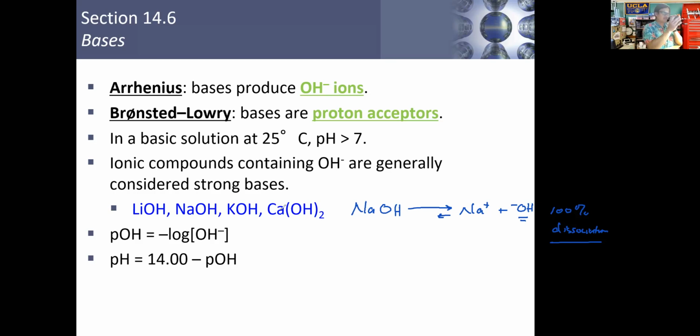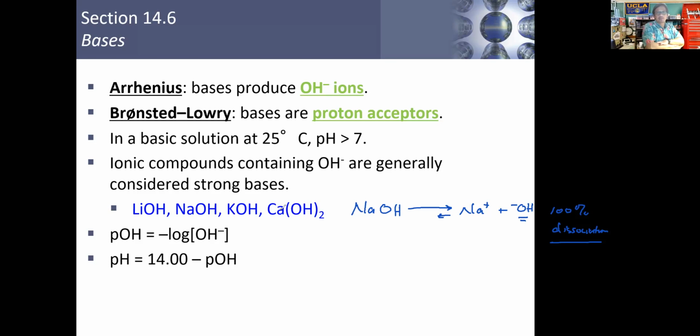Now we'll talk about the Bronsted-Lowry acid-base theory, and we'll use that much more as we move forward and talk about equilibrium involving bases. Make sure you remember that the way Bronsted-Lowry defined a base was any compound that can accept a hydrogen ion from another compound.